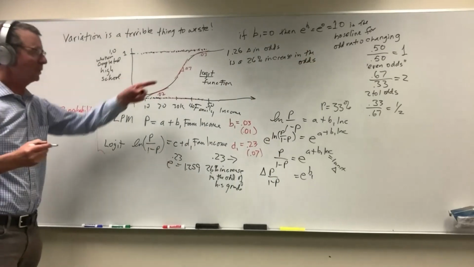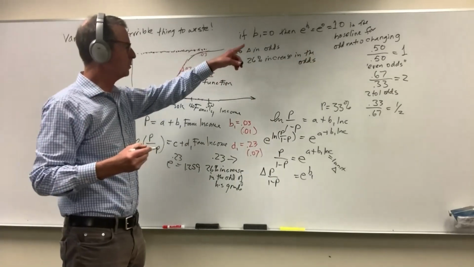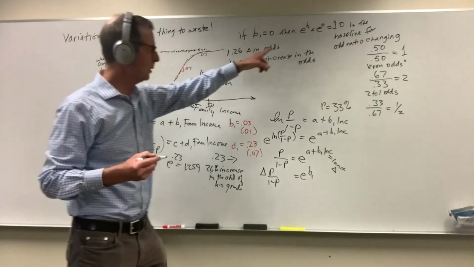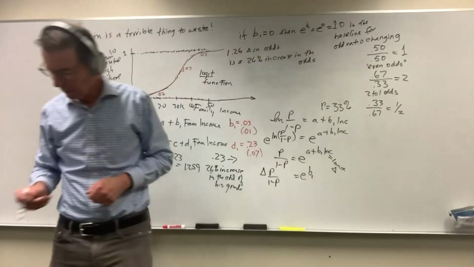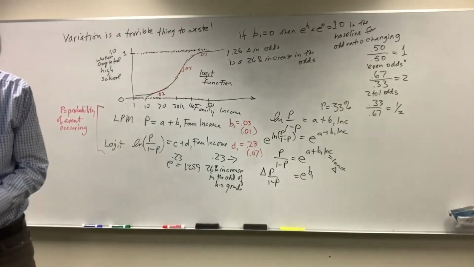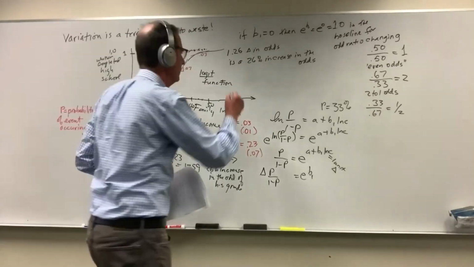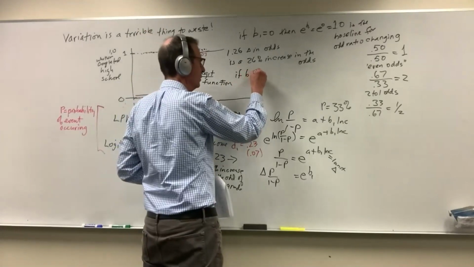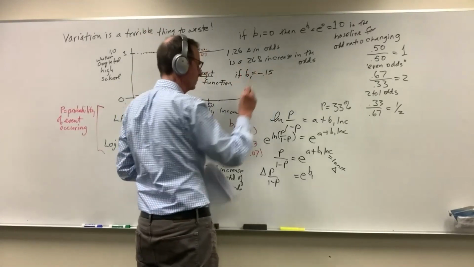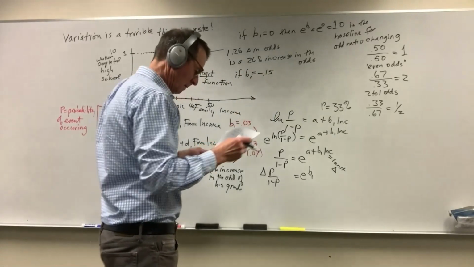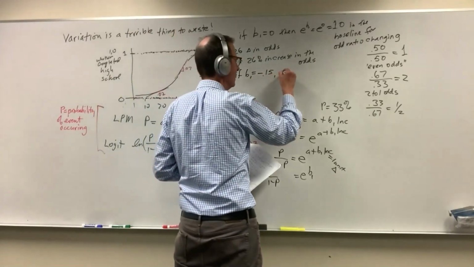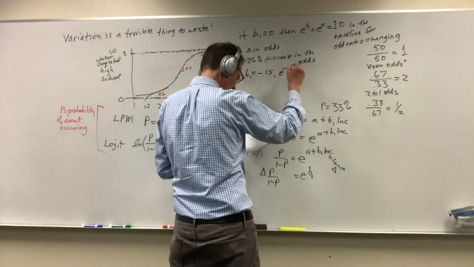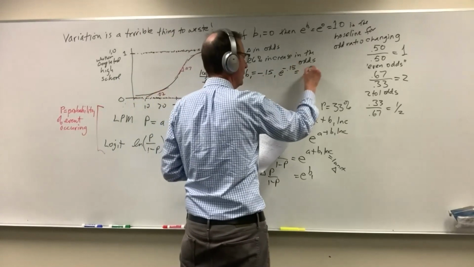So it's all relative to 1. If B1 is a positive coefficient, then we're going to get something bigger than 1. Let's say B1 turned out to be minus 0.15, then e to the minus 0.15 equals 0.86.